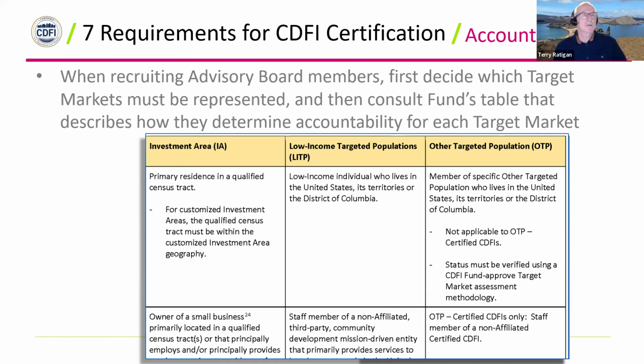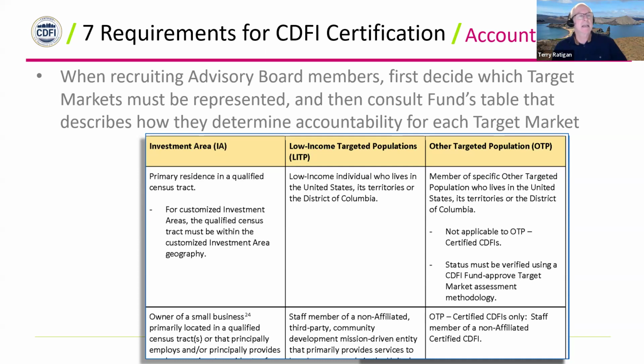In putting together an advisory board, you want to focus on the target markets that you are using for your certification. So if you're able to get certified only using CDFI investment areas, say, and you don't need to use low income targeted or other targeted populations, then your advisory board really only needs to be made up of people from investment areas. You can by all means include other representative people, again, for the benefit of your credit union.